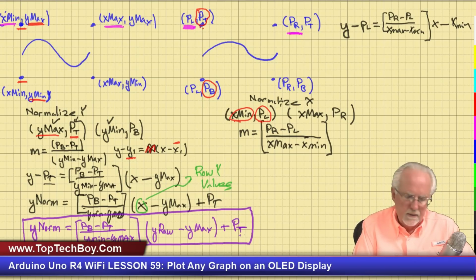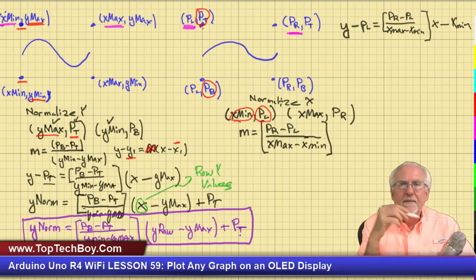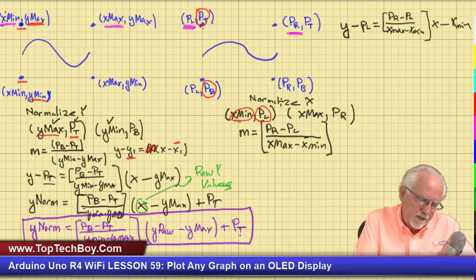Okay, that looks good. Now let's write this properly. In this case, the y that I'm calculating is what? It is the normalized x, x norm. Why is that? Because we're normalizing x here.